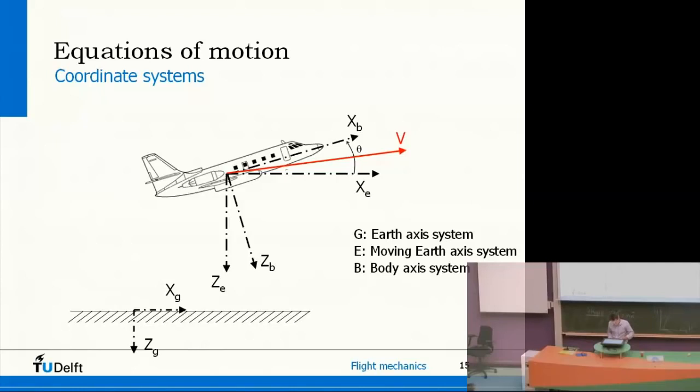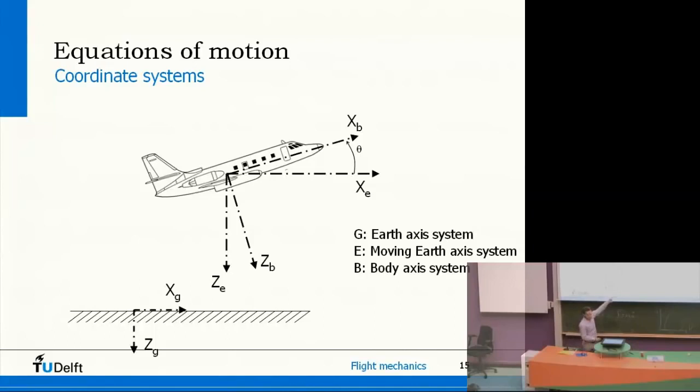There's an angle theta between the moving Earth axis system and the body axis system. And the important thing to realize is that that's basically the angle between the nose of the aircraft and the horizon. So that means that the pilot, if he or she looks outside the window, is actually seeing that angle theta. So that's quite relevant from the pilot's perspective.